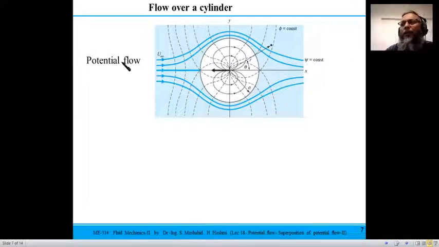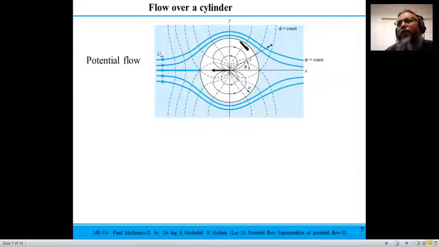So this would be a typical velocity distribution. Streamlines would pass over the surface of the cylinder and leave in exactly the same manner as they approach, from the top side as well as from the bottom side.